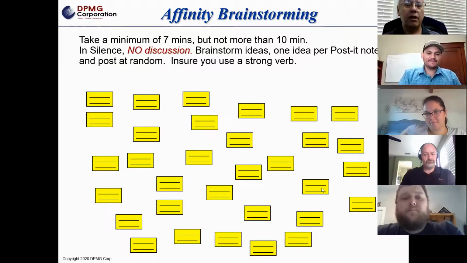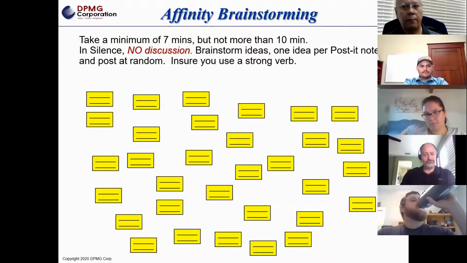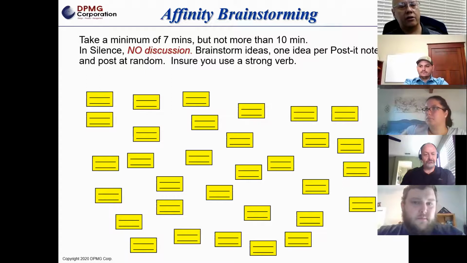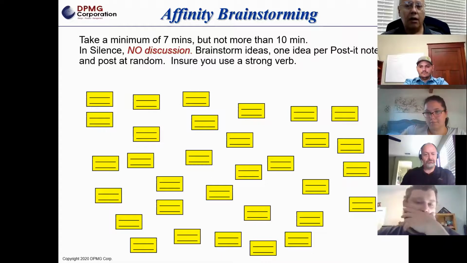In doing this, a couple of things. When you do it in person in a room, you've got to be crystal clear that if you're facilitating as the project manager, there is no talking whatsoever during this, right? The only discussion that should take place is any clarification in the process of doing the brainstorming, but there really should be no talking or discussion of what activities you're going to do, what tasks. None of that. It should all be done in silence.